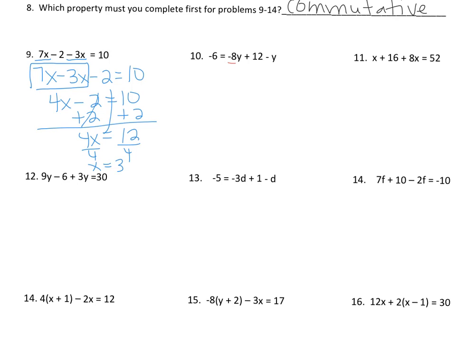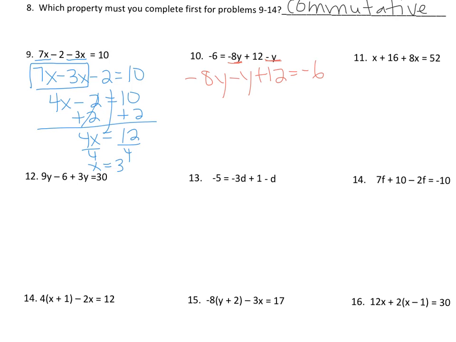The next one I have negative 8y and negative or minus y, so I need to put those together. And I'm going to actually flip-flop the entire problem. I'm going to write negative 8y minus y plus 12 using the commutative property. And because of the property of equality, I can move the expression to the left and the constant to the right.